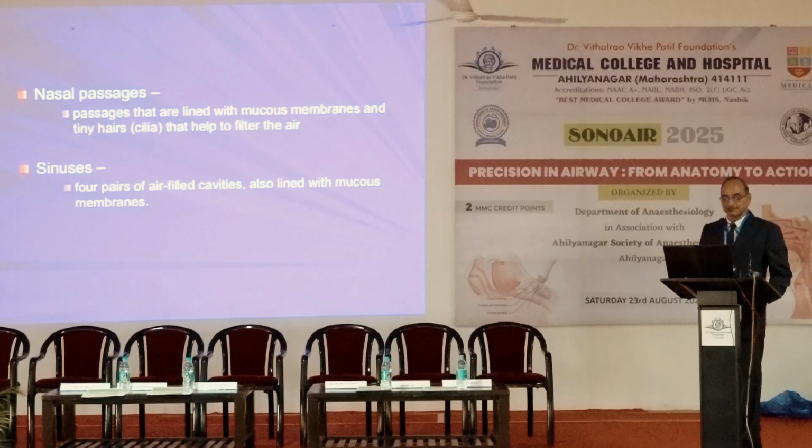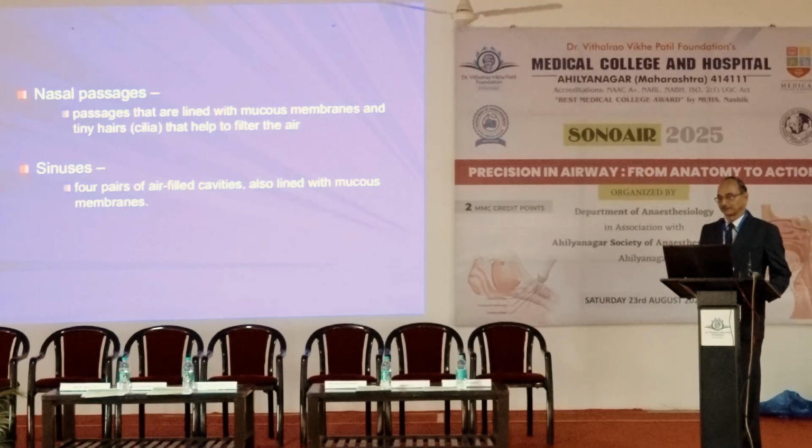The nasal passages are lined with mucous membranes and tiny hairs called cilia that help to filter the air. Then the sinuses: there are four pairs of air-filled cavities also lined with mucous membrane. You have the frontal sinus, the maxillary sinus, the ethmoidal sinus and the sphenoidal sinus.